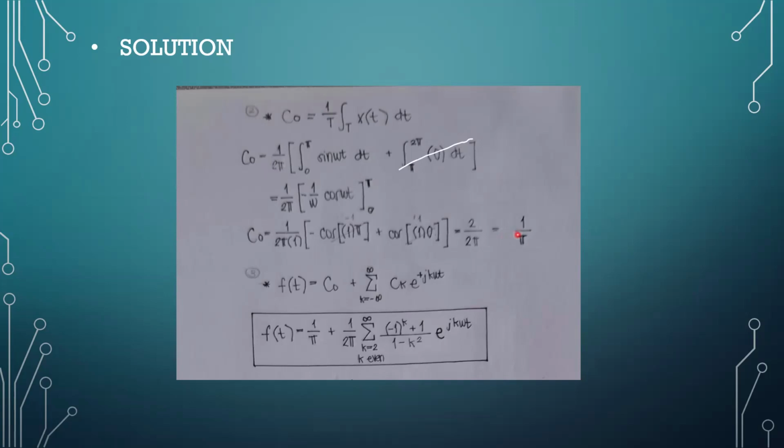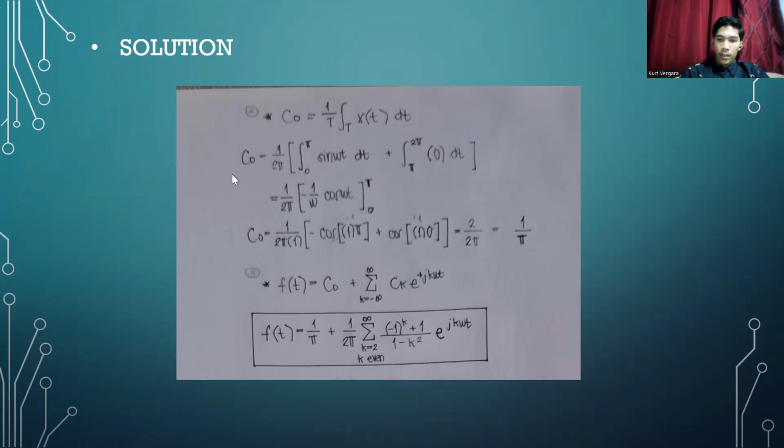So we will just substitute them into the exponential form, which is this one. So our exponential form will be 1 over pi plus 1 over 2 pi, sum of all, -1 raised to k plus 1 over 1 minus k squared, e raised to jk omega t. So that is our exponential form.